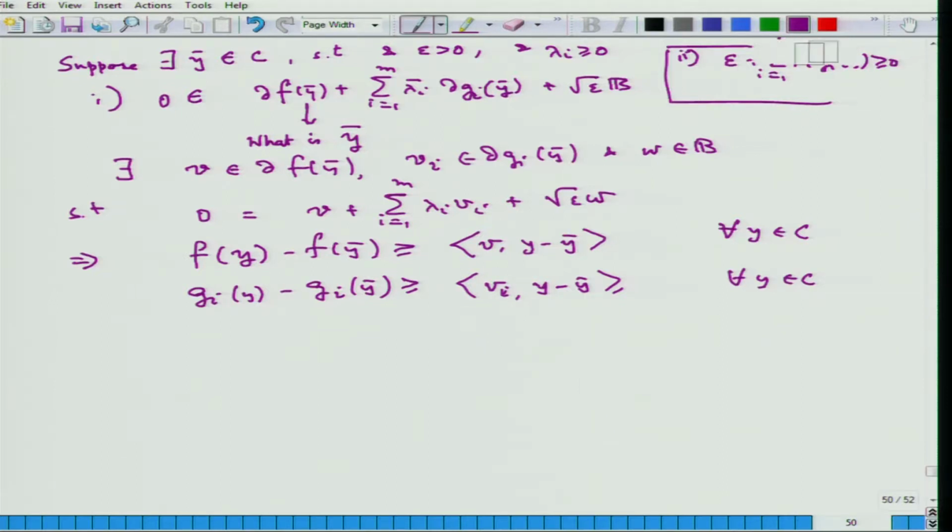Oh, I think this line is getting cut off, so let me write it properly. So, it is epsilon plus summation lambda I bar Gi y bar is greater than or equal to 0, I is equal to 1 to m. So, now what I do is do the same sampling.